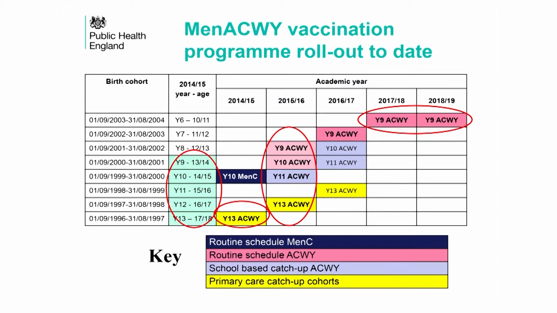So they would have been 18 before the 1st of September 2015. And we have about half of our school leavers that go on to higher education. So we've since immunised these children as well, and by 2017-18, we will have completed the catch-up, and we will just be doing routine vaccination. It's year 9 in England, that is children who are 13, 14 years of age.